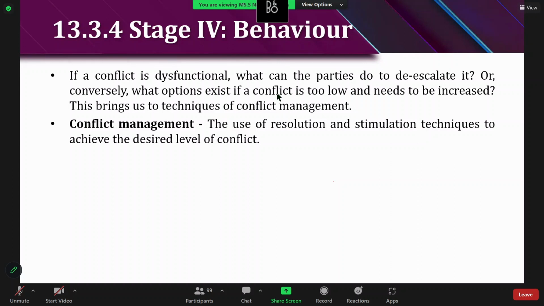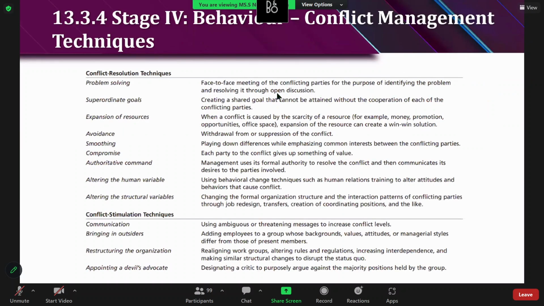So if the conflict is very low, we can use conflict management techniques to bring the conflict to the expected or desirable level, a moderate level. Conflict management is the use of resolution and stimulation techniques to achieve the desired level of conflict. What conflict resolution techniques and what conflict stimulation techniques are available?